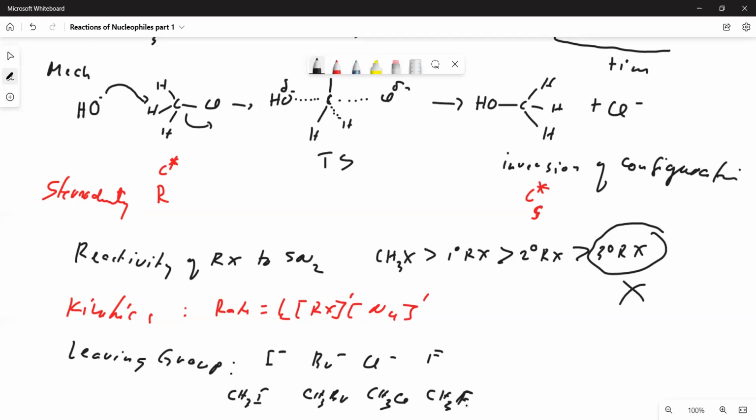Since it is the weakest base, it is the best leaving group, then it is the most reactive. So we can therefore say that the iodide is the best leaving group, followed by bromide, chloride. So therefore, methyl iodide is the most reactive, followed by bromide, chloride, towards SN2 reaction.